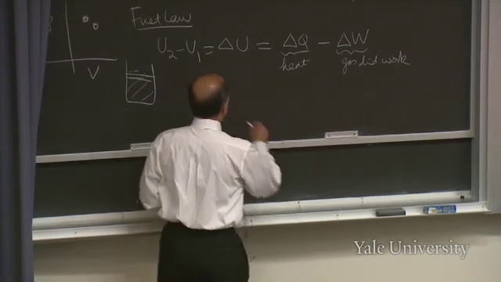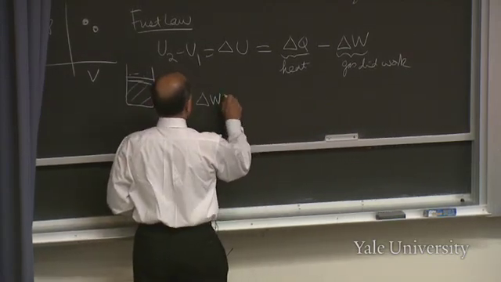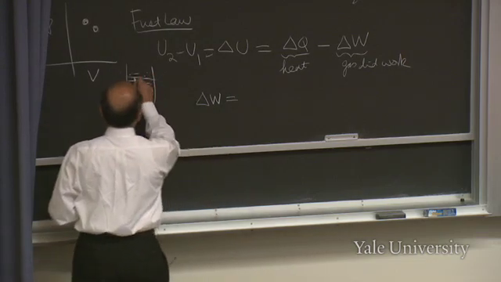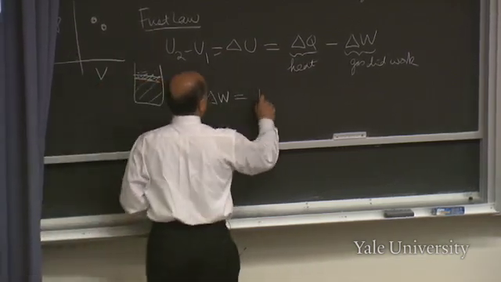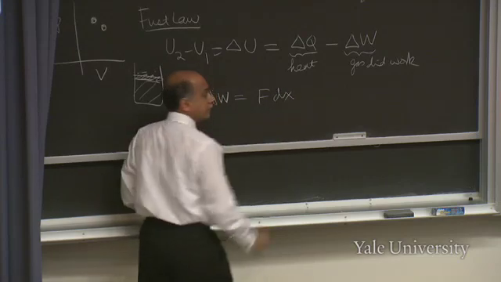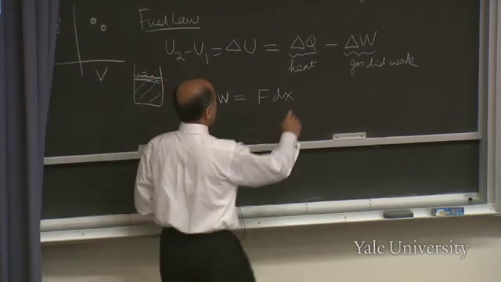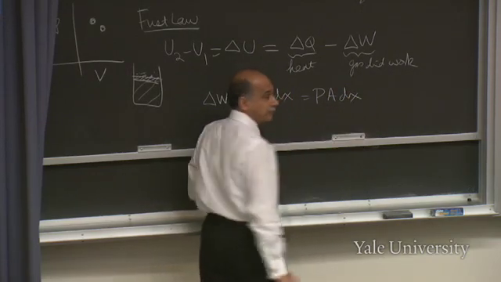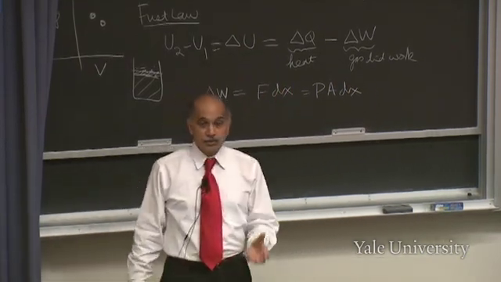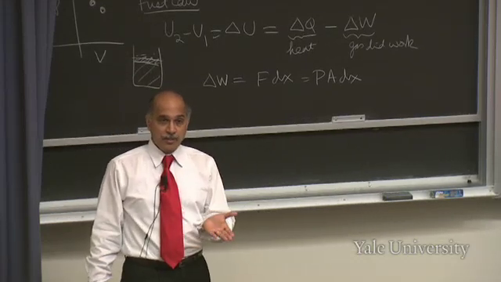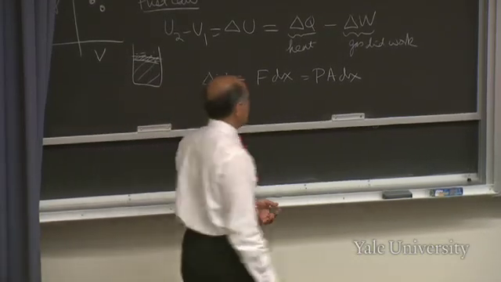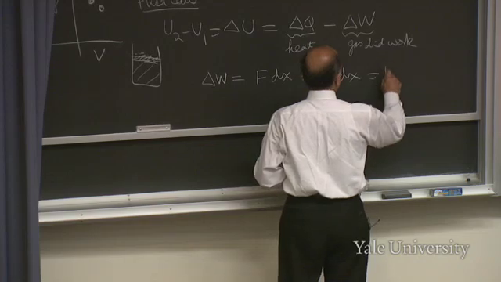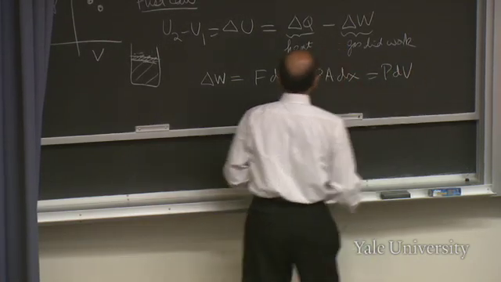So what's the formula for work done? Let's calculate that. If I've got a piston here, it's the force times the distance. But the force is the pressure times the area, times the distance. Now you guys should know enough geometry to know the area of the piston times the distance it moves is the change in the volume. So we can write it as P times dV.